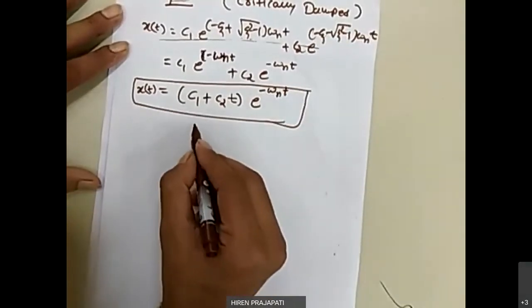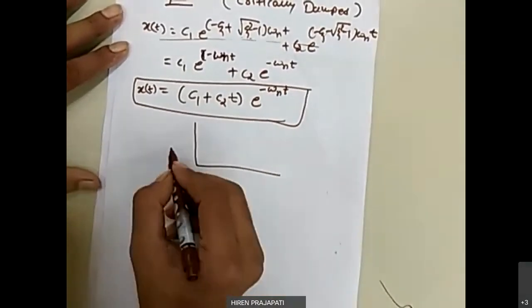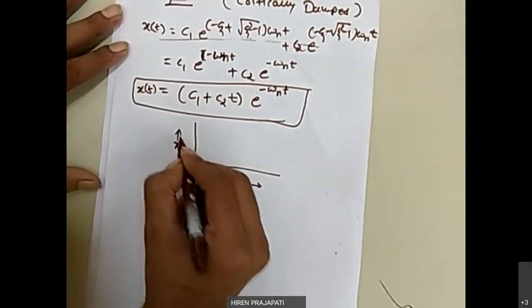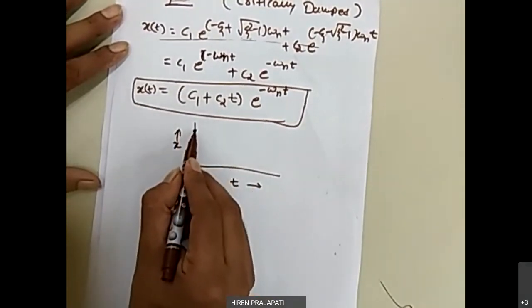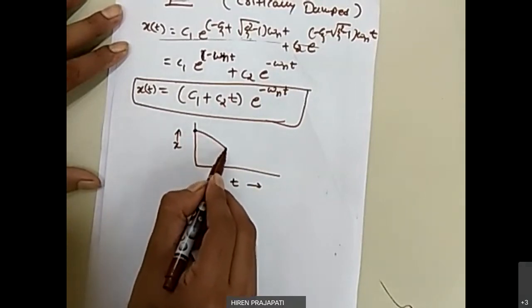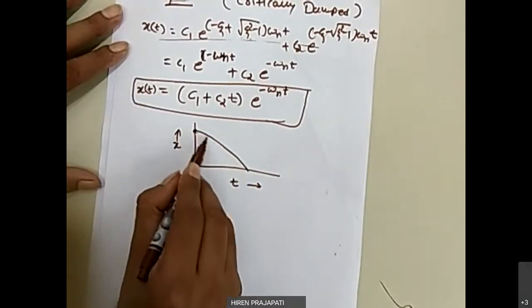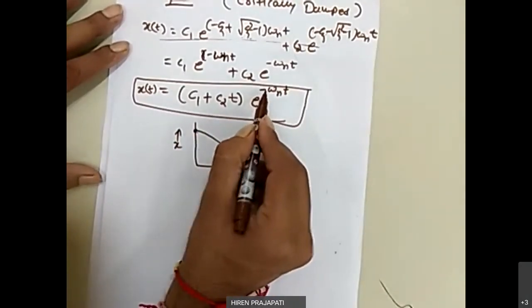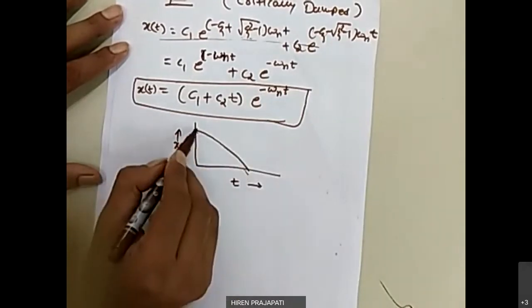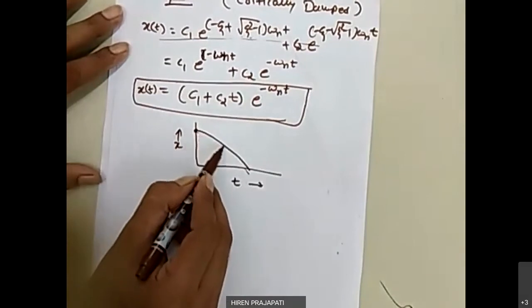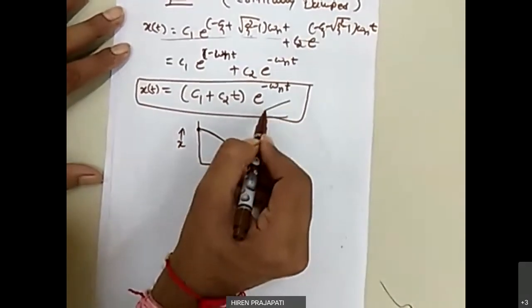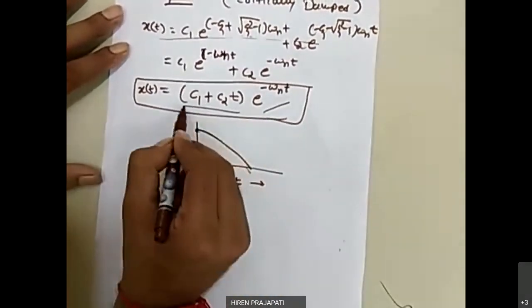Then if I plot it on the x-t curve, time to amplitude curve, here also when you release the system after disturbing it, we get decay. This is because e to the power minus means we are moving down, we are getting reduction, and it's an exponential, so we get a curve here. This curve represents this value, and this x represents this value.